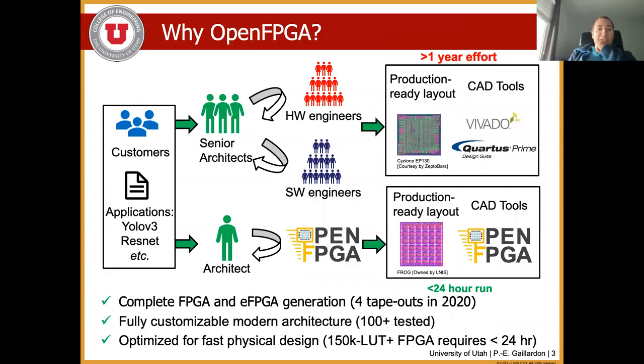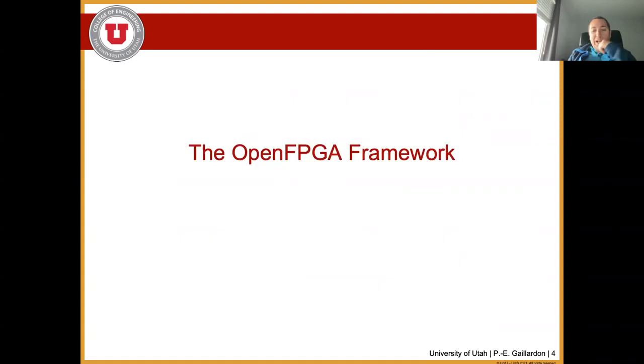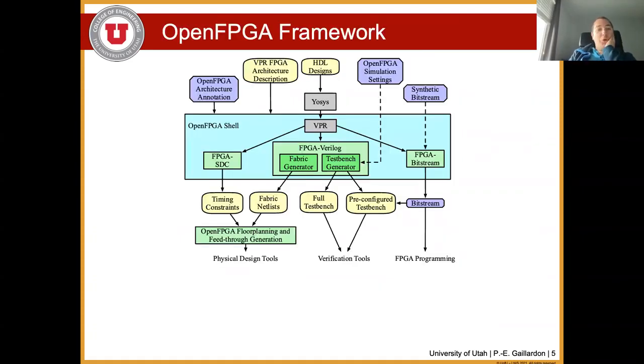So let me now dig into more details about the framework per se and how this framework is structured. It is not an easy tool. It consists of many different bricks assembled together. What you can see on this figure is that we first rely on the combo Yosys and VPR.